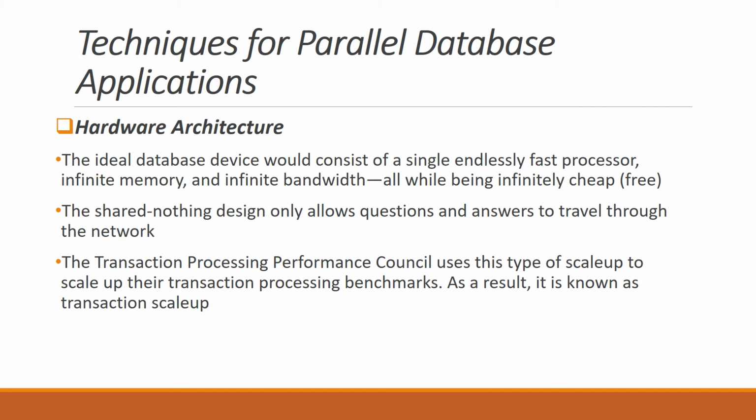Next, we have the hardware architecture. The ideal database device would consist of a single infinitely fast processor, infinite memory, and infinite bandwidth, all while being infinitely cheap. It would not be necessary to worry about performance improvement, scale-up, or parallelism with such a machine.